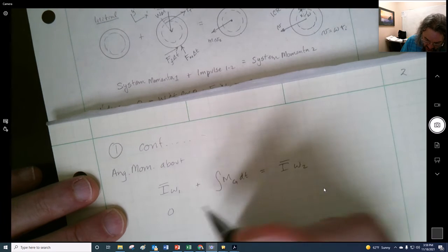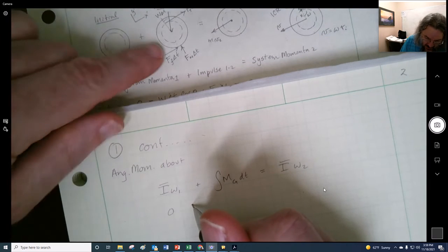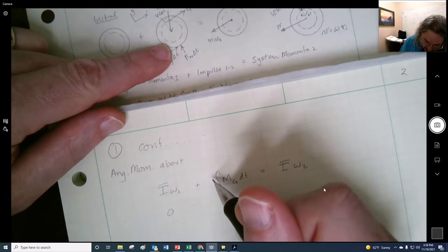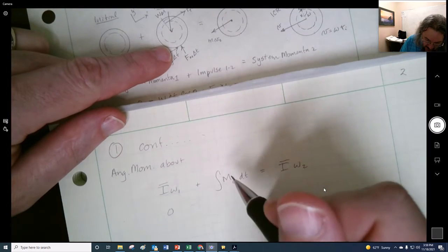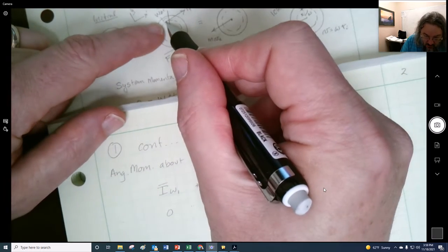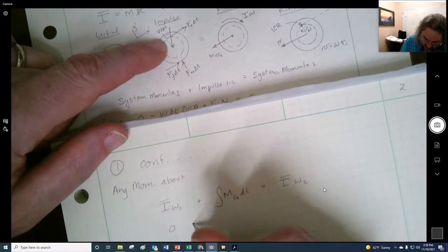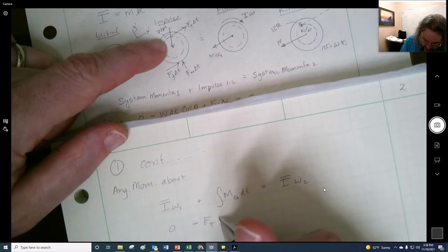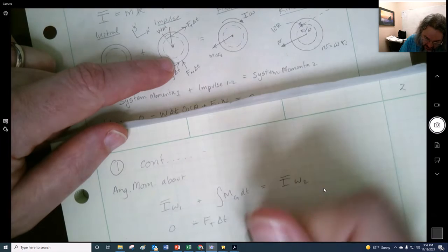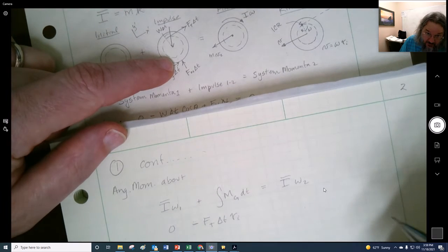So we start out with 0 right here, and then we make the counterclockwise as positive. So we see that this one is going clockwise, right? So it's going to be a negative ft times delta t, and that's going to be times ri.